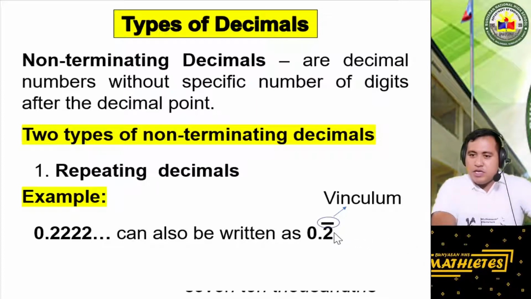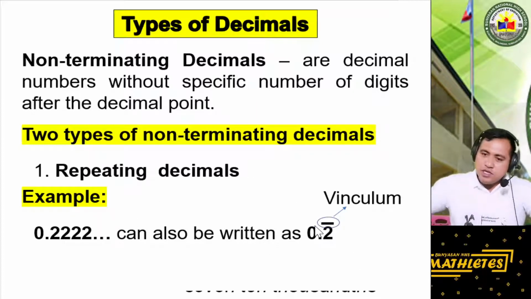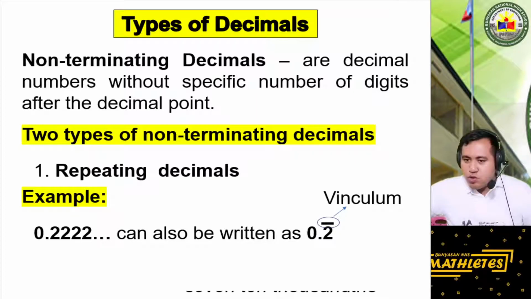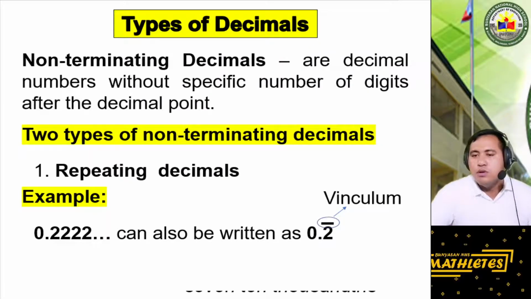Mao na siya number nga nagbalik-balik. Gibagitan nato si 2, pasabot ang sunod niini 2 gihapon, puro 2.